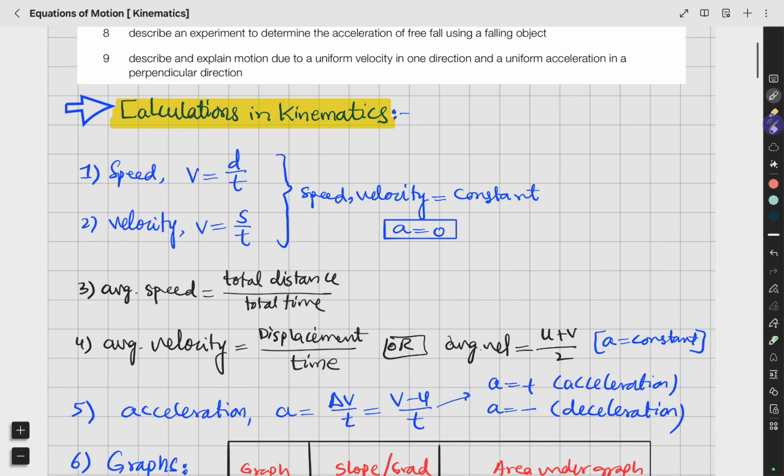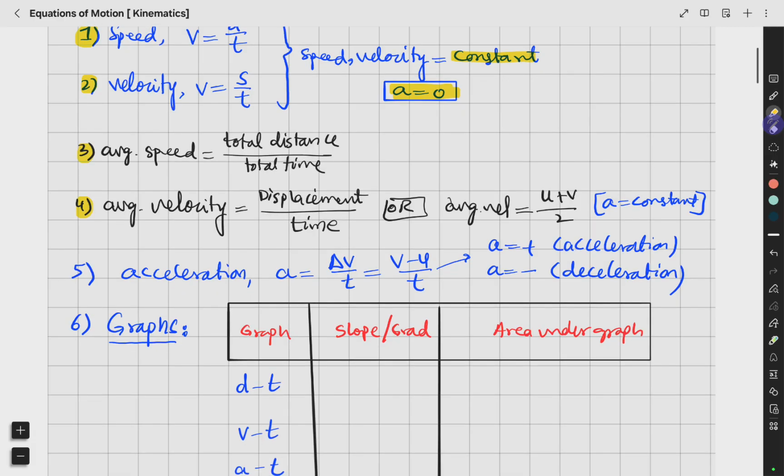So far, the calculations that we have done in kinematics are speed, which is distance over time, and velocity, which is displacement over time. You can use only these formulas if speed or velocity is constant, or acceleration is zero. Average speed is total distance over time. Average velocity has two formulas.